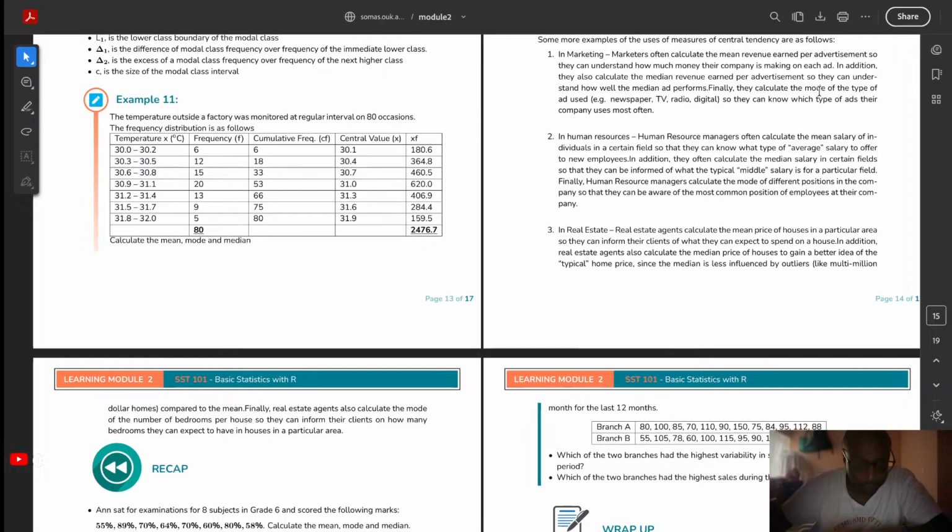Finally, real estate agents also calculate the mode of the number of bedrooms per house so they can inform their clients on how many bedrooms they can expect to have in a particular area.